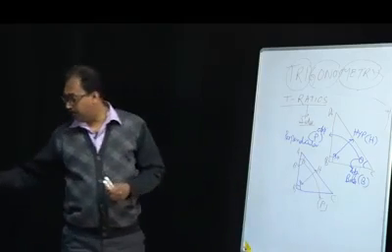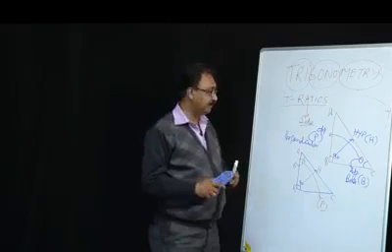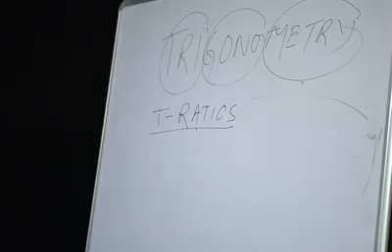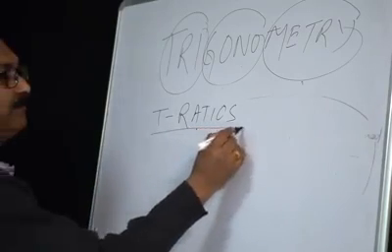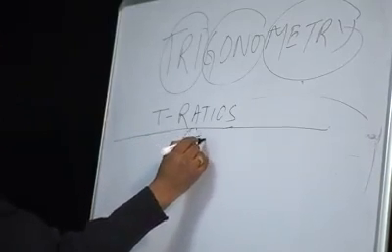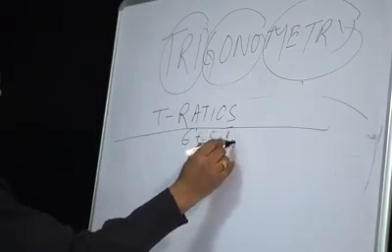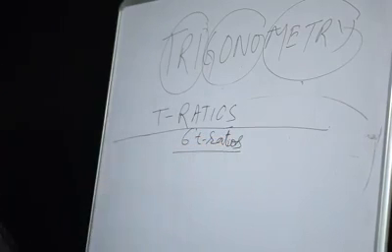Now we come to the types of trigonometric ratio. How many trigonometric ratios do we have? We have 6 T ratios.